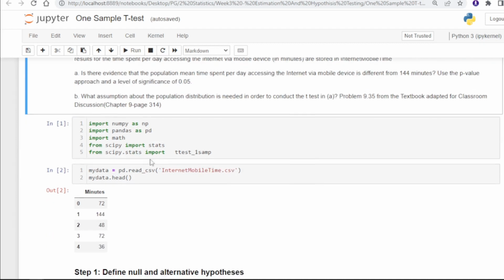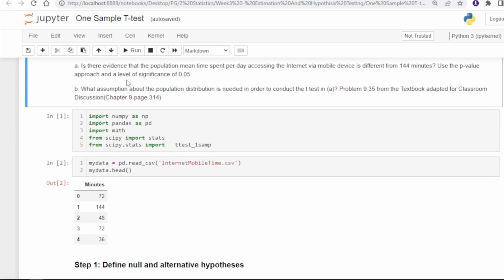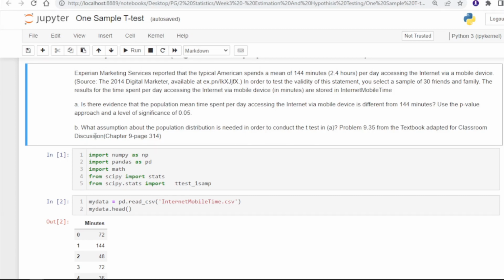A: Is there evidence that the population mean time spent per day accessing the internet via mobile device is different from 144 minutes? Use the p-value approach and a level of significance of 0.05. B: What assumption about the population distribution is needed in order to conduct the t-test in A? This is problem 9.35 from the textbook, adapted for the classroom.